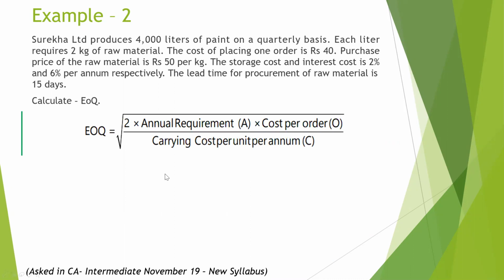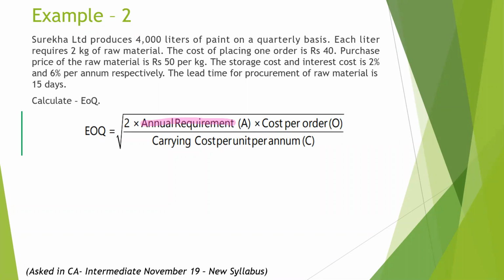Again, for calculating EOQ, we require annual requirement, cost per order, and carrying cost per unit per annum. First, let's look at the calculation of the annual requirement. In the question, it is given that Surekha Limited produces 4,000 liters of paint.